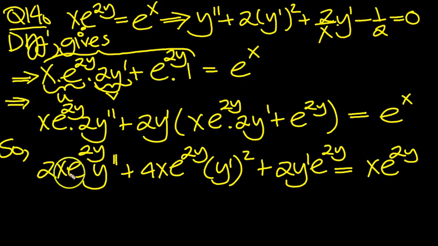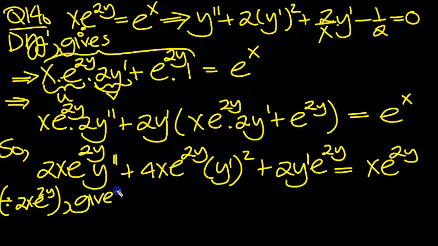Okay, so let's divide by 2x e to the 2y then, all the way through, and see what we get. Gives.